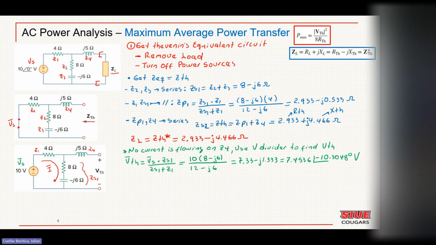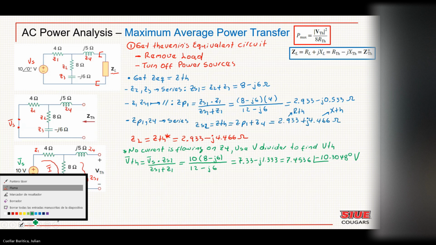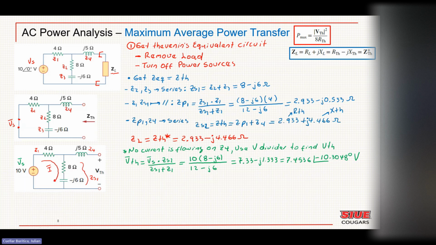Now we have the voltage, we have the Thevenin resistor, we just need to compute the power. Then let's get the power. It is going to be P max equal to the magnitude of the voltage Thevenin squared over 8 times the Thevenin resistor. That magnitude is here because remember that we already have the magnitude in there.